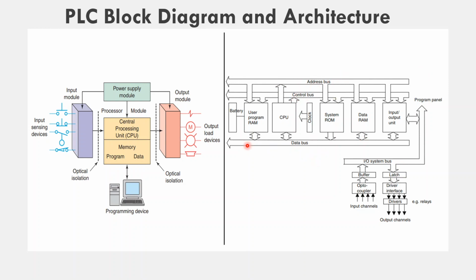And for the data, we have the data bus here. Input output devices communicate with external devices by using the IO system bus, and to provide isolation from the interface devices, PLCs generally use optocouplers, that is optical isolation.